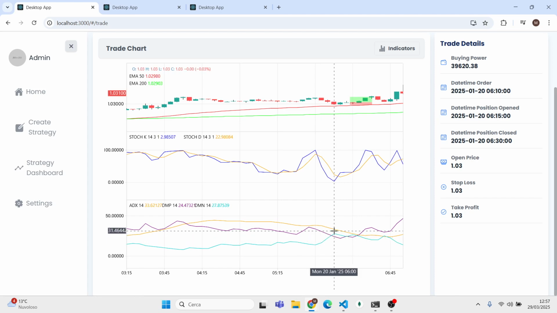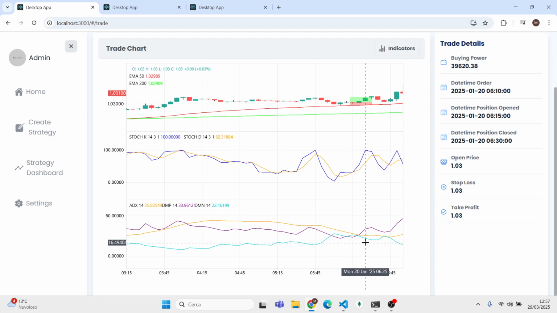When DMP goes above DMN, it means that it's a bullish cross. Otherwise, it's a bearish cross. In this case, DMN is this line, so DMN goes above the DMP, so this is a bearish cross. This in here, instead, it's a bullish cross. Here, it's a bullish cross, because we can see that the DMP goes above the DMN.